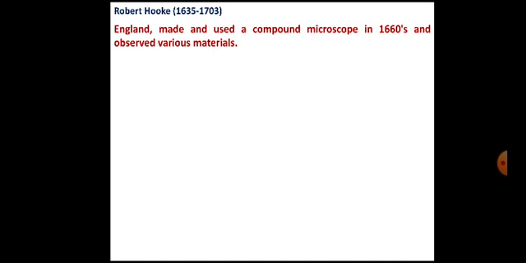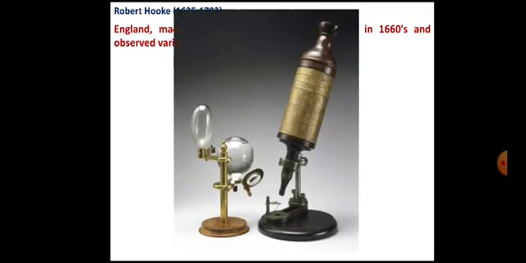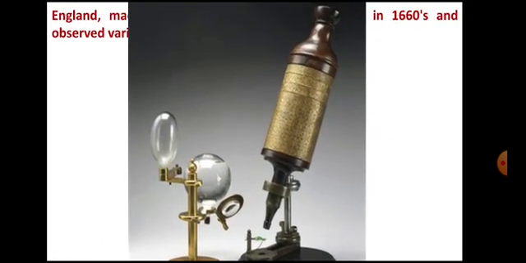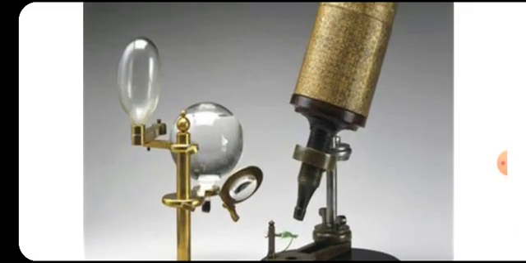It was constructed in the 1660s. Robert Hooke was from England, and he examined several materials using his simple compound microscope. This is the picture of two microscopes constructed by him.